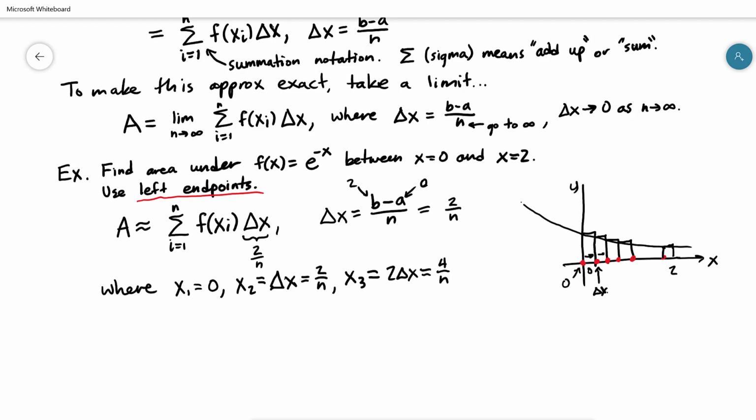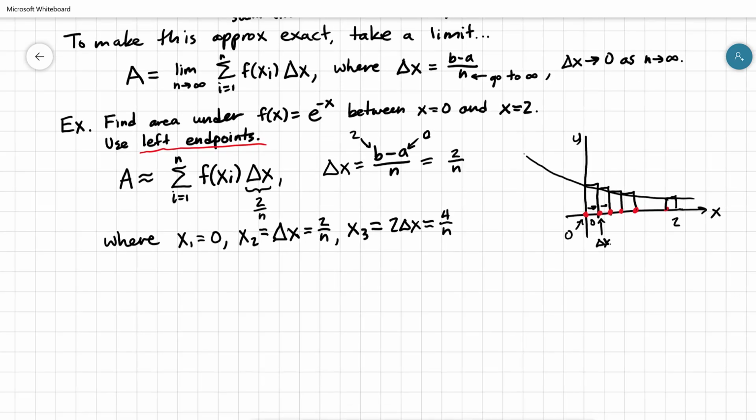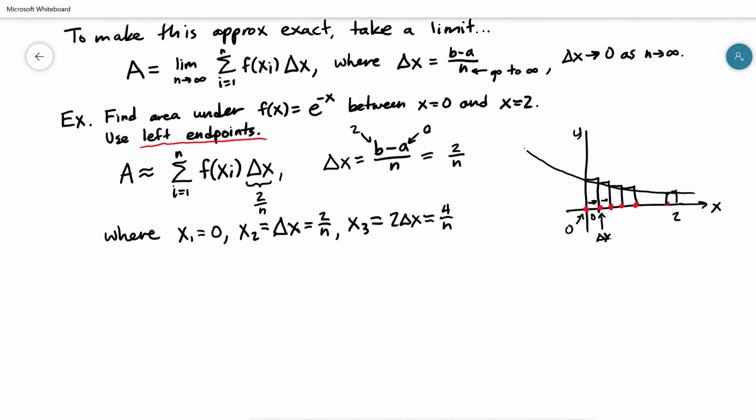So if we think about it, these are all the left endpoints. When I eventually get all the way up to the last endpoint, x sub n, for that last rectangle, it's going to be this point right here. This is going to be my x sub n. Right here was x sub 1.